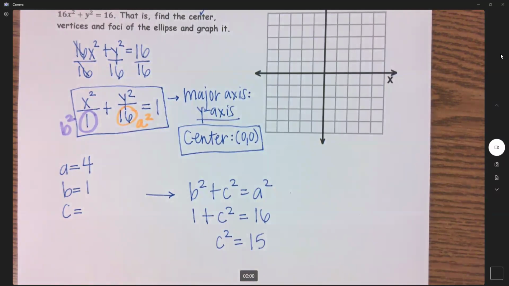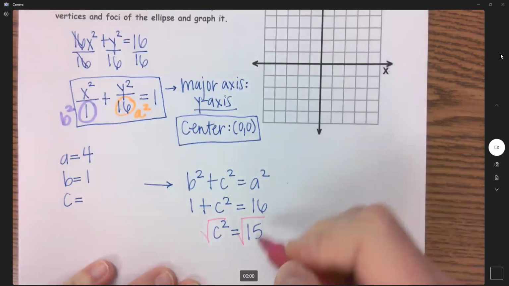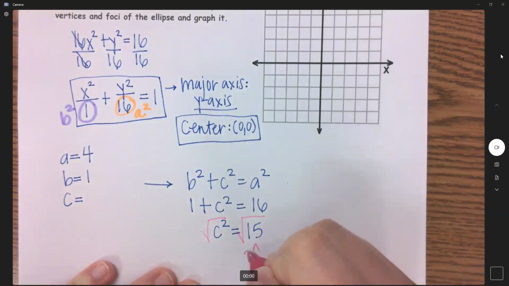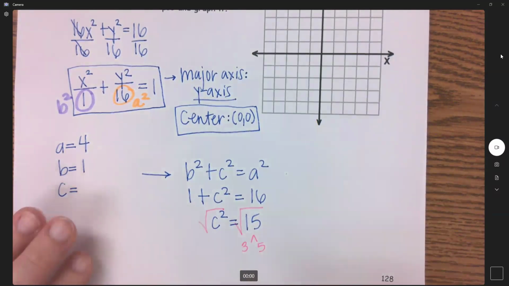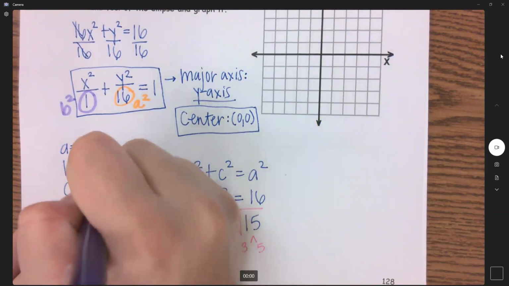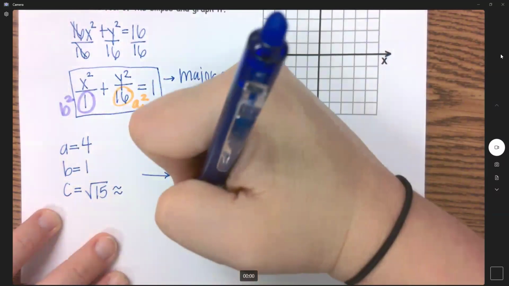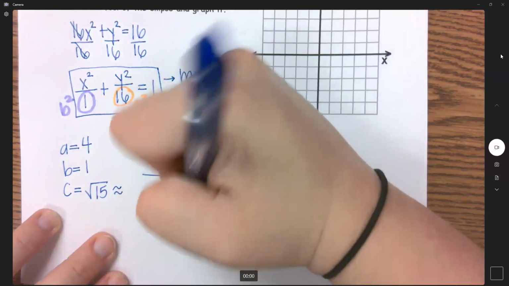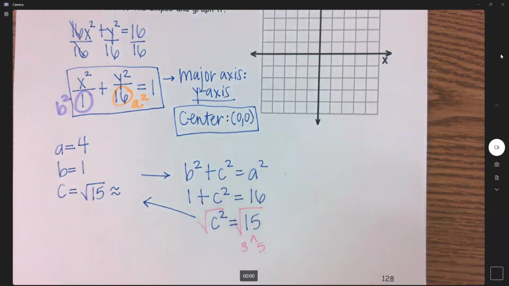Now I need to take the square root, but the square root of 15 is just 3 times 5, so I don't have a pair of anything to come out. So c is the square root of 15. Now we're going to have to end up graphing that, so let's just go ahead. And the square root of 15 is about 3.9.